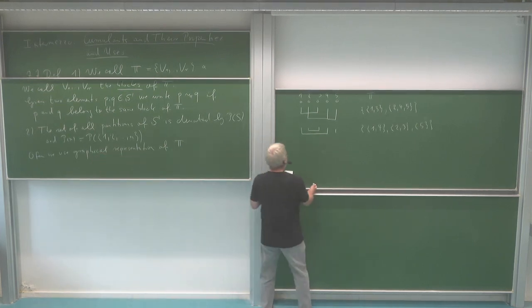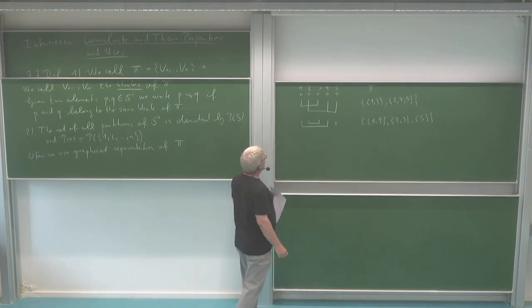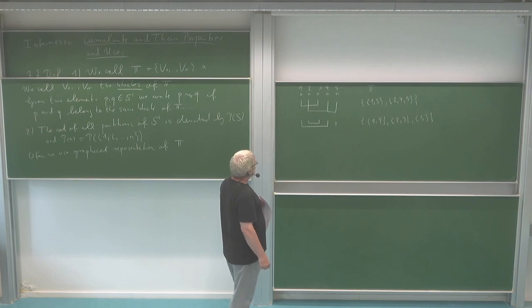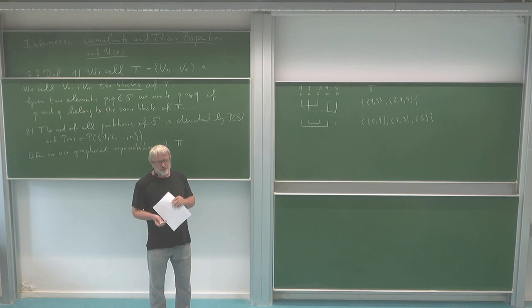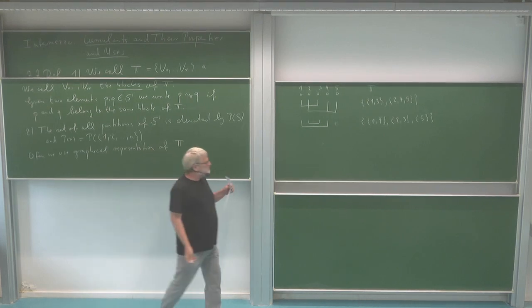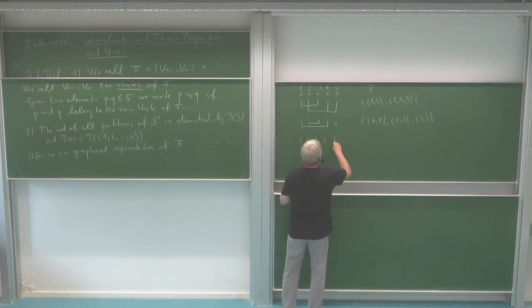Let me just write it down in this example. The smallest partition, of course, is the one where I have decomposed it into as many blocks as possible, which means every element is its individual block. So it's this where I just have singletons.